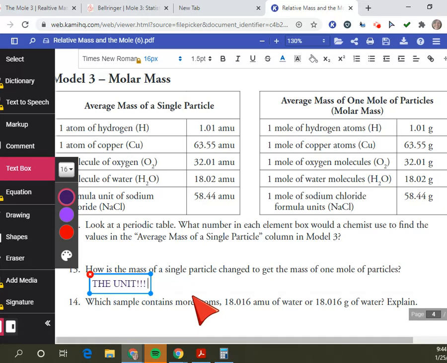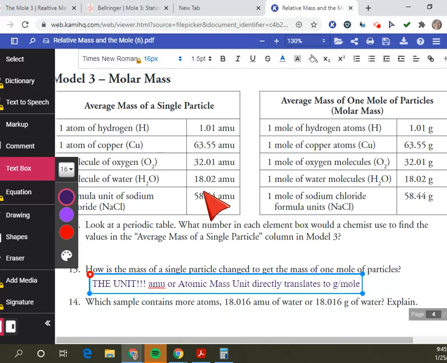Because AMU, or atomic mass unit, directly translates to grams per mole. Okay.